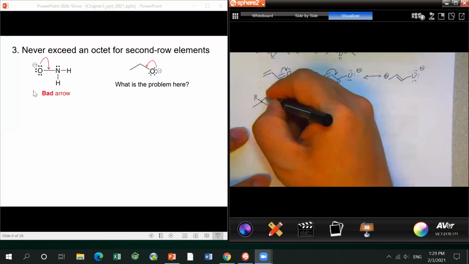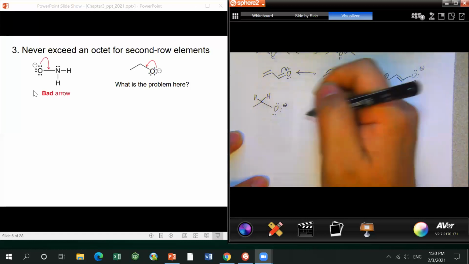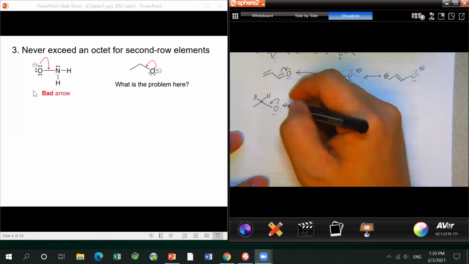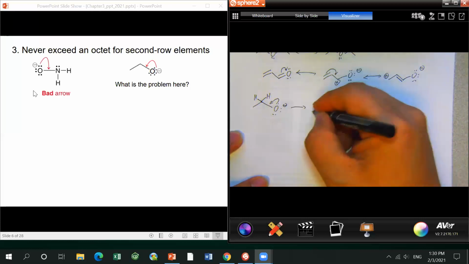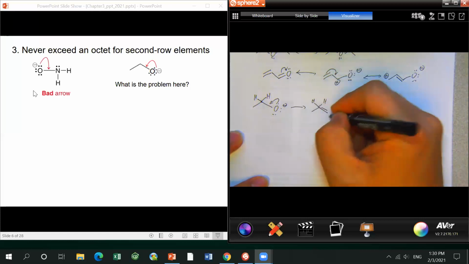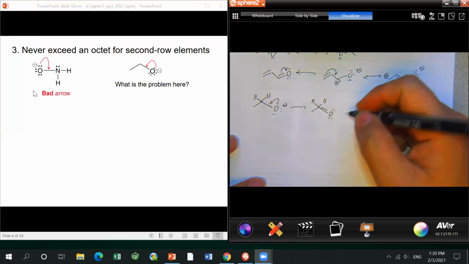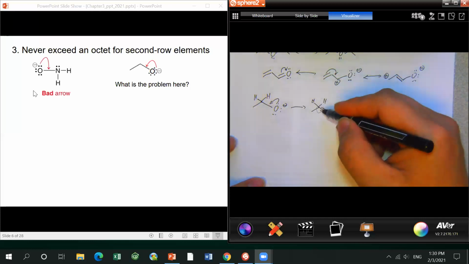When we draw the line angle structure, we just ignore them. So if you shift the electrons like this, that breaks the octet rule. The middle carbon will have more than 8 electrons surrounding it. So that's wrong.